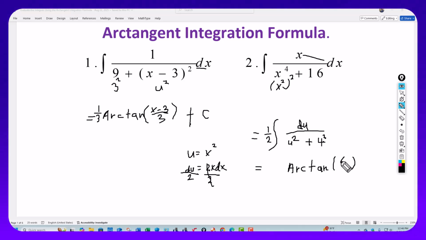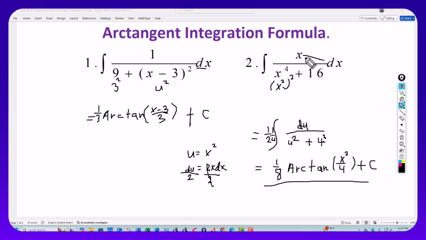So this would be x squared over a. A is 4 in this case. And then the coefficient is, we've got the 1/2, but then the formula has 1 over a. So this would be 1/4. So 2 times 4 is 8, so this would be 1/8 here. Arctan of x squared over 4. And then this would be plus the constant of integration.